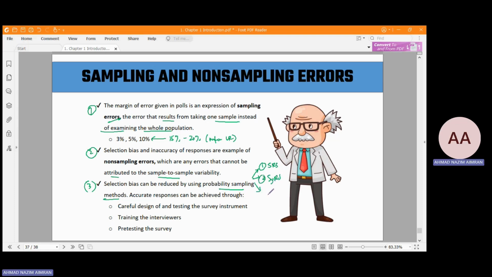The third one is the stratified random sampling, and the last one is the cluster random sampling. Okay, so by using any of the sampling methods listed here, the selection bias can be reduced because all the samples will be randomly selected.